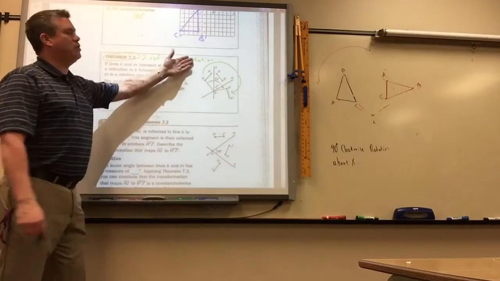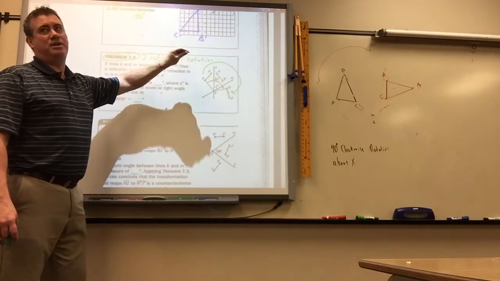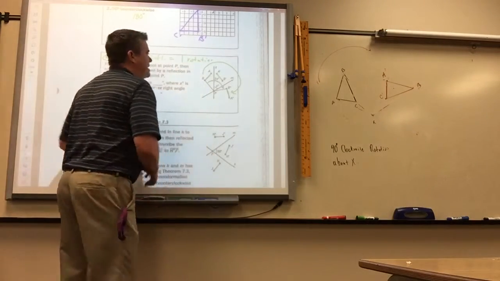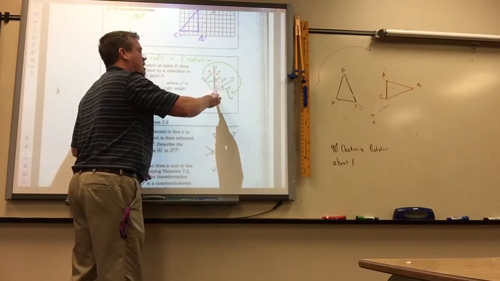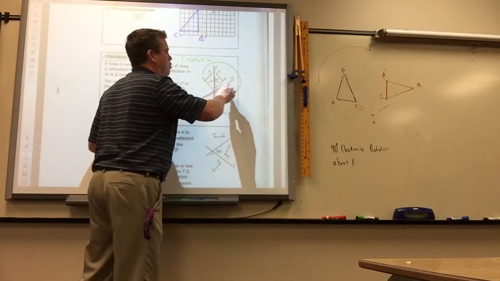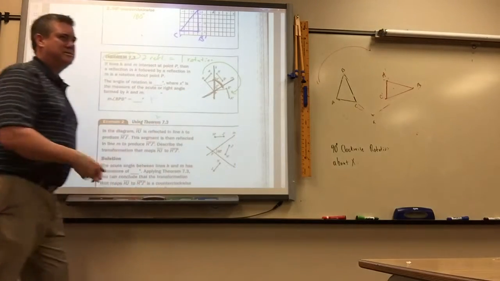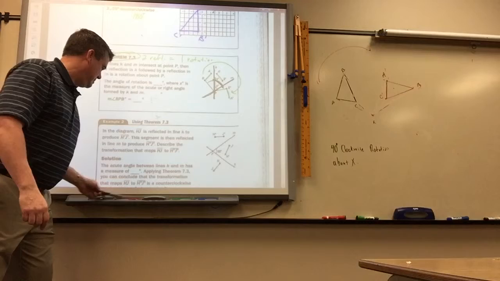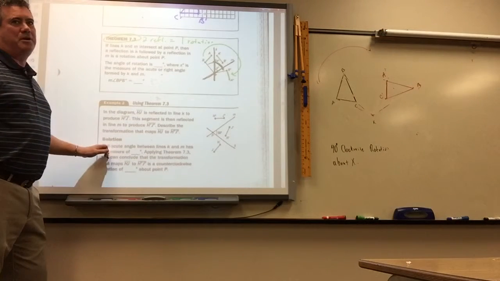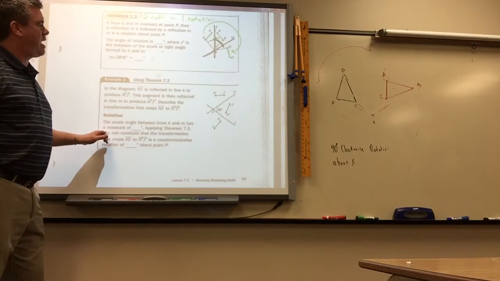When you describe a rotation, you got to say how many degrees it is. Here they reflected it over this line, and here they reflected it over this line. Whatever this angle is has to do with how many degrees you rotate it.